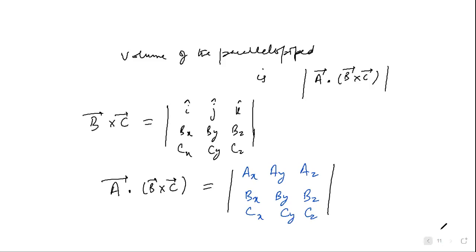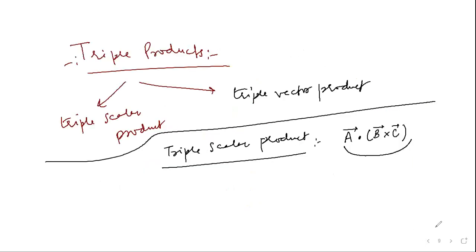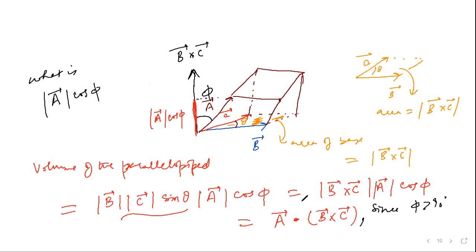This completes my triple scalar product, right? So the triple scalar product is constructed out of three vectors A, B, and C. It is a scalar that geometrically is the volume of the parallelepiped obtained by taking A, B, C as three intersecting sides, as explained in this diagram.